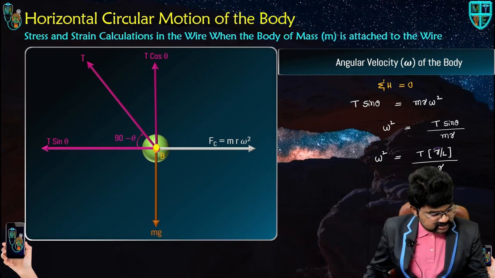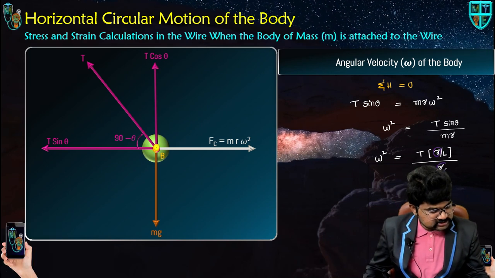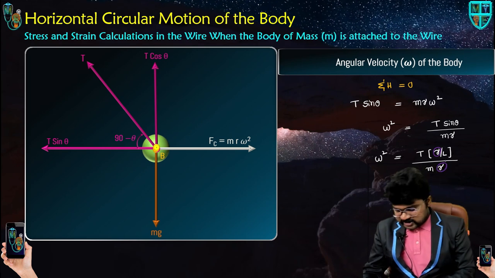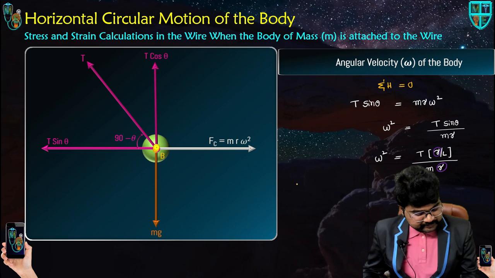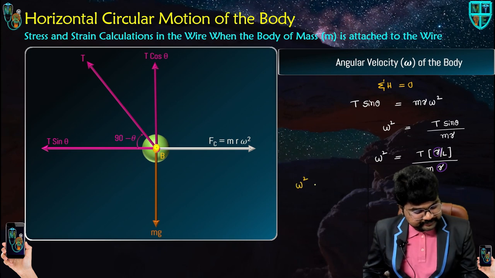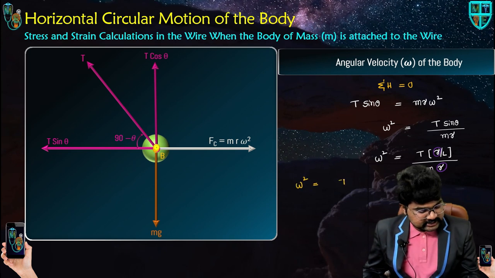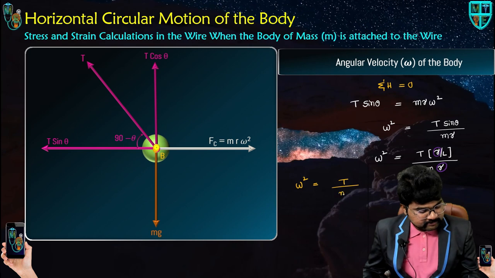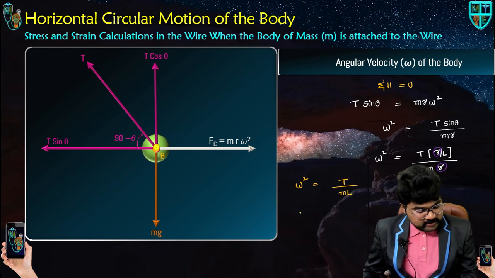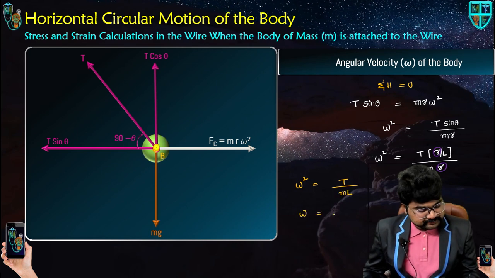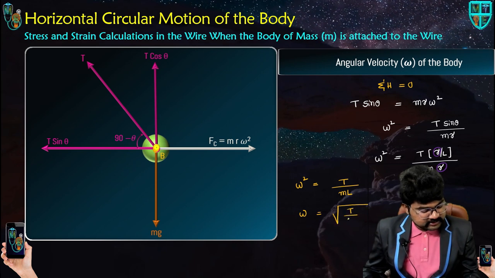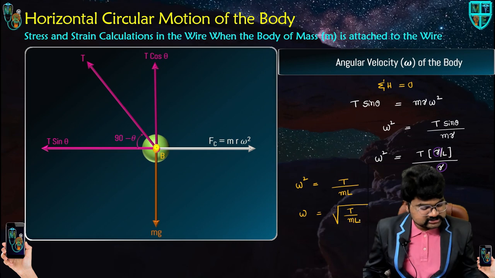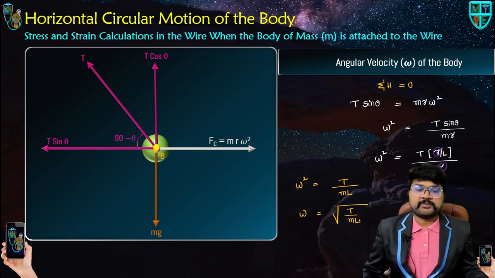Finally, how much are you getting? Omega square equals T by m times L. Omega equals square root of T by m times L. This is the angular velocity of the body.